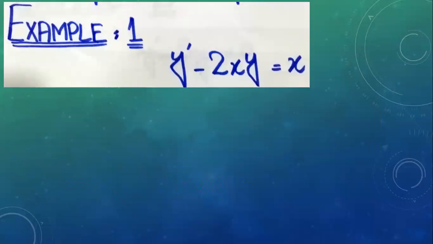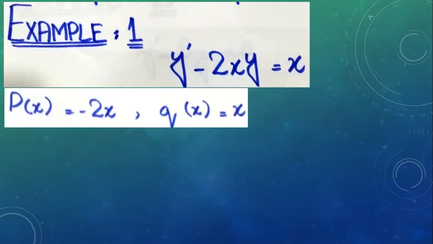So let's start our first example, where we are asked to apply this integration factor method on the given problem, that is y prime minus 2xy is equal to x. Let's start its solution by defining p of x and q of x.